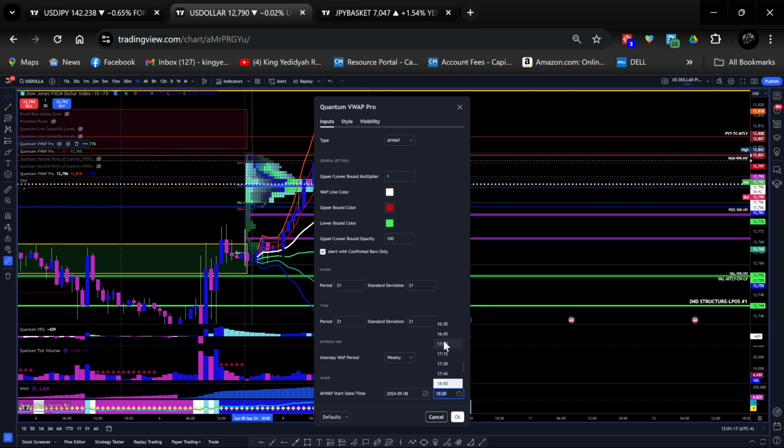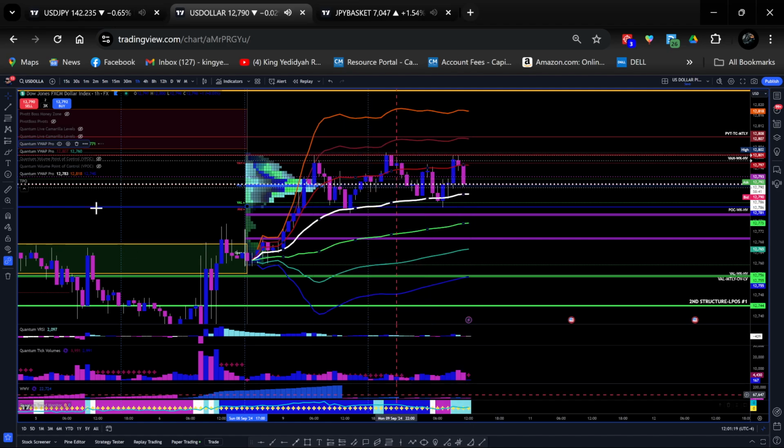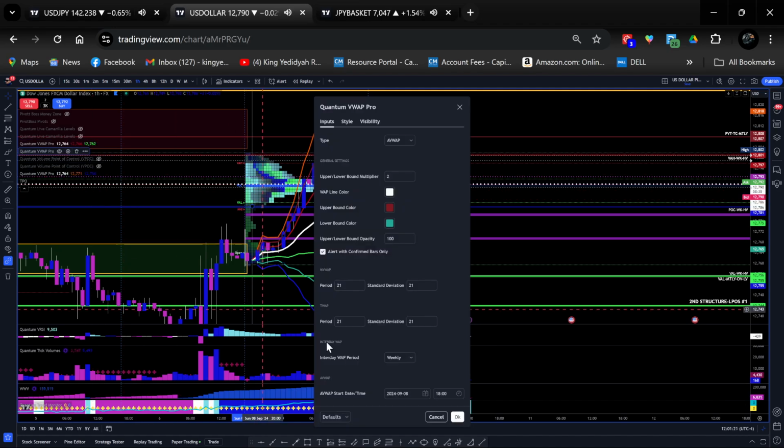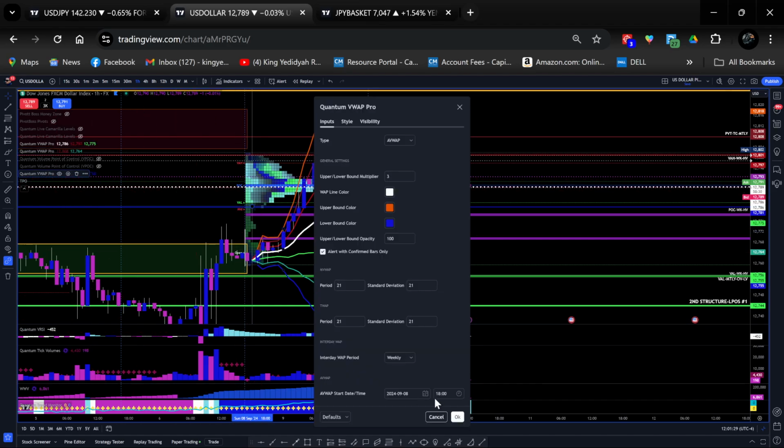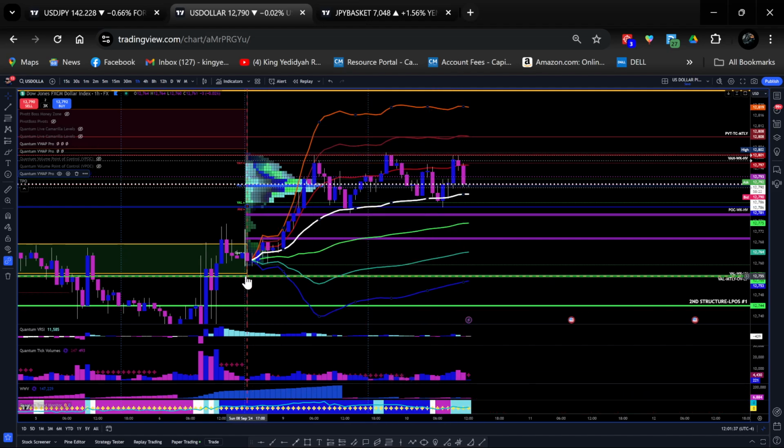So pardon me here while I just do a little setting up of the VWAP bands. All right, so they're anchored to the beginning of the week session here, and we have the TPO.